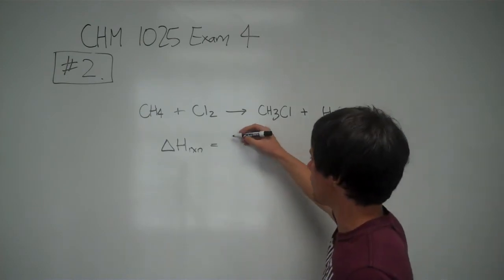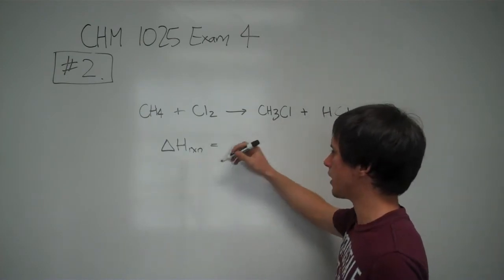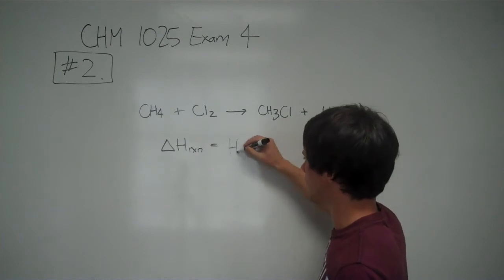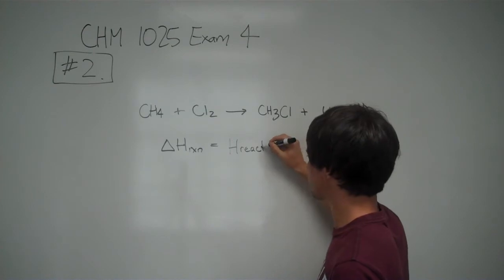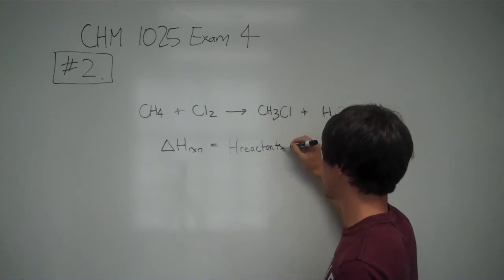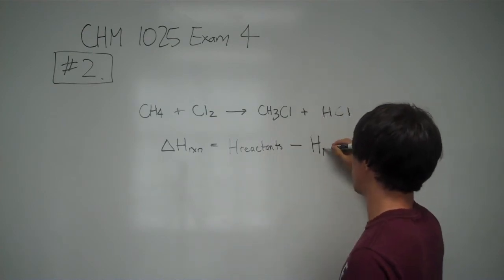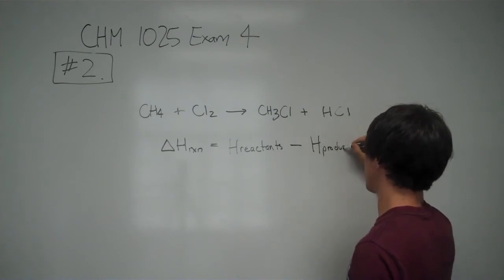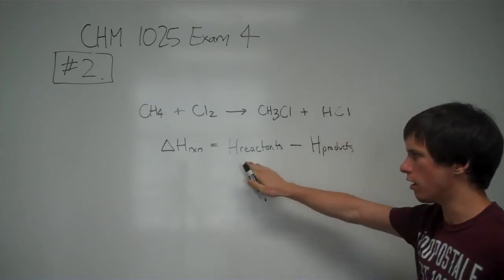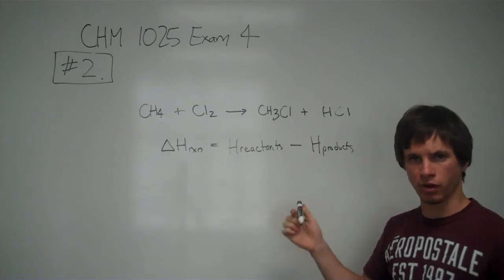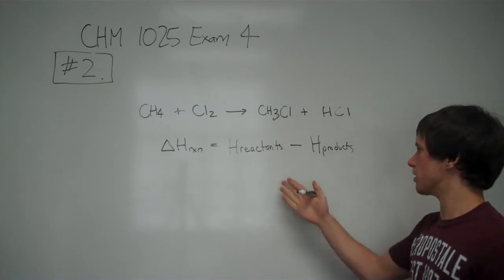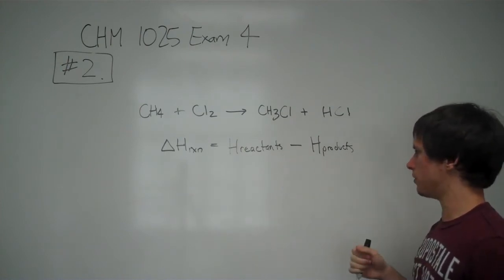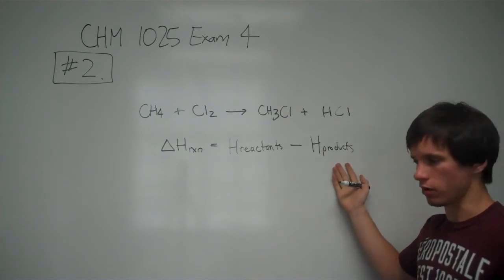So what we say here is that the change in heat of the reaction is H of the reactants minus H of the products. And the reason that this is positive is because from the reactant bonds, you're gaining the energy when you break them, whereas you have to use up energy to form the bonds of the products.